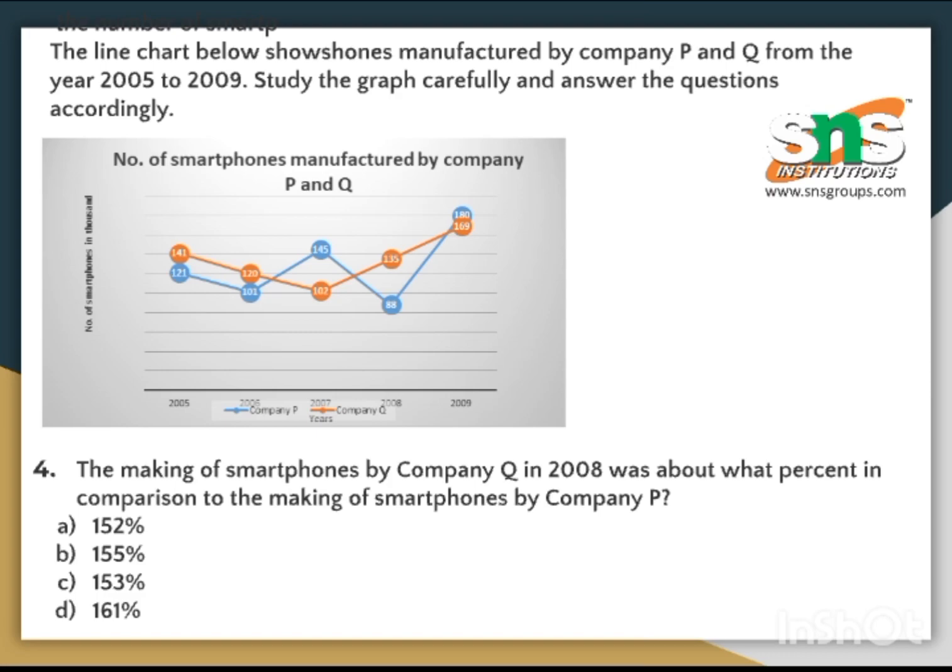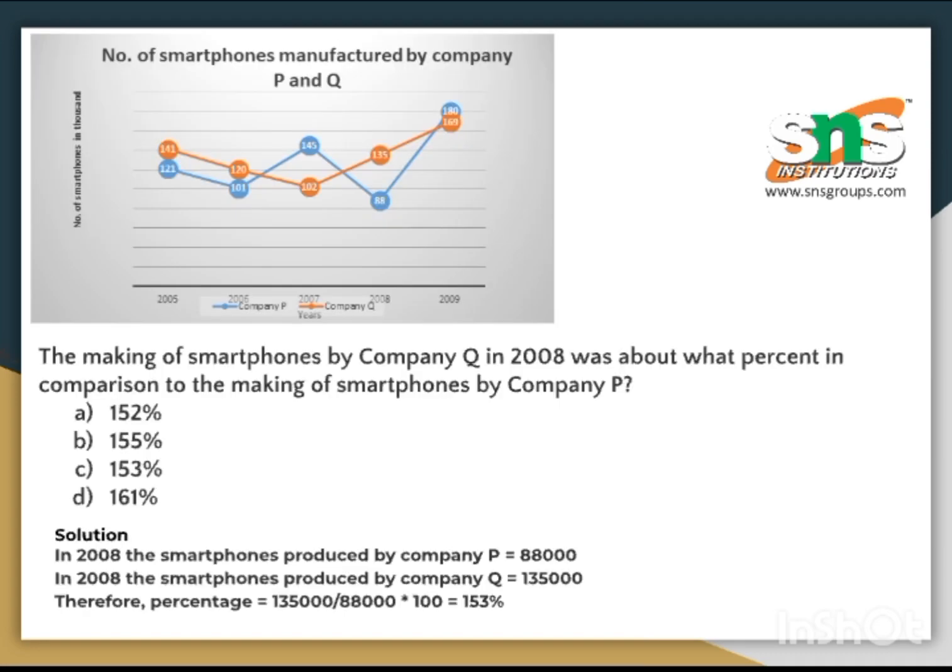Whenever the question asks what is the percentage of this over this, the problem should be solved as follows: first we find, in 2008, the smartphones produced by company P and company Q. In 2008, smartphones by P is 88,000 and by Q is 135,000.